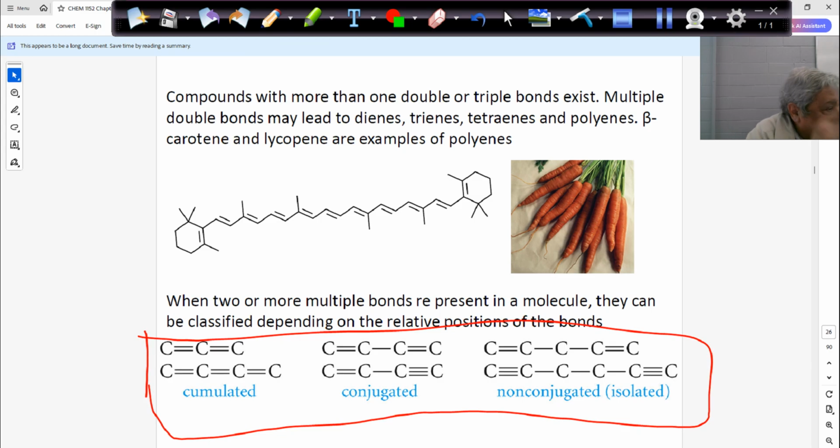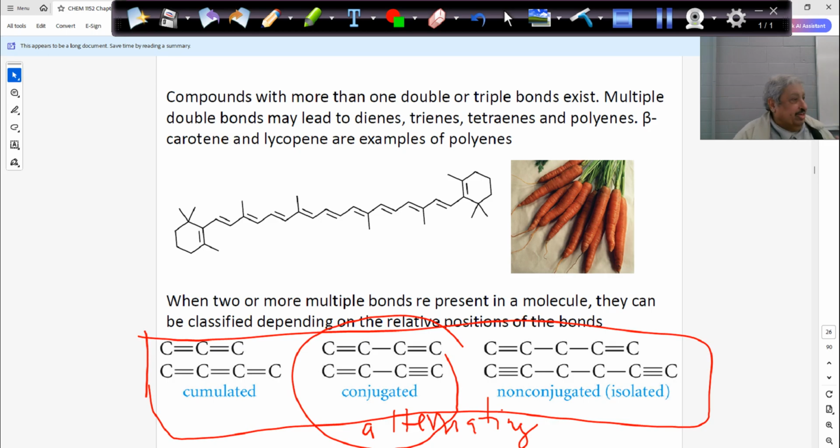If they are alternating double bond, single bond, double bond, single bond, like this one here, just alternating, that's conjugated. If they are not alternating, they are coming double bond, and then single, single, single, and then double bond, there is no system there. It's like this one here. Those we call not alternating, or non-conjugated, correct?